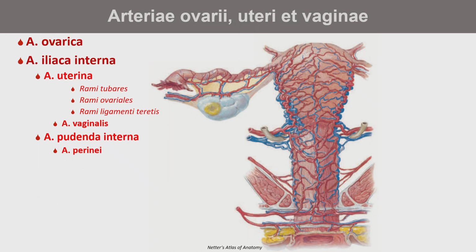Uterine supply is also quite complicated, and it's complicated because we have 3 stages of input. One input is here through ovarian artery, where the ovarian artery is arising.